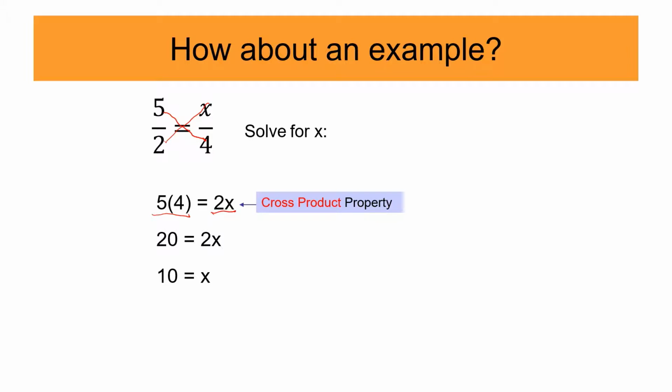That is 2x. So 5 into 4 is equal to 20, that is equal to 2x. Then we divide by 2. We get 20 divided by 2 is equal to 2x divided by 2. After simplifying this, we get x equal to 10.